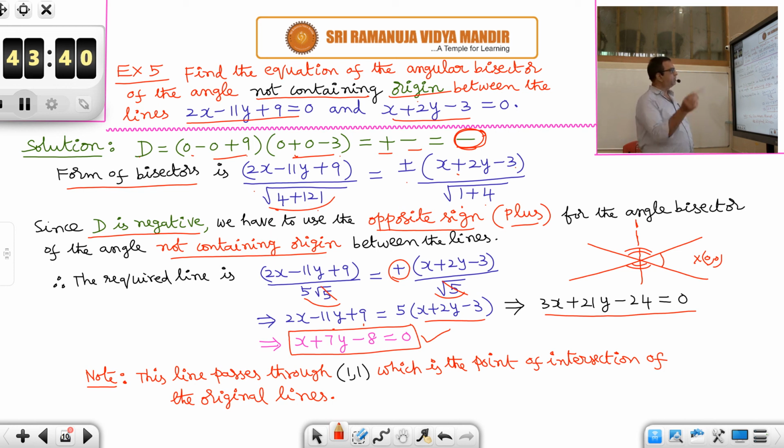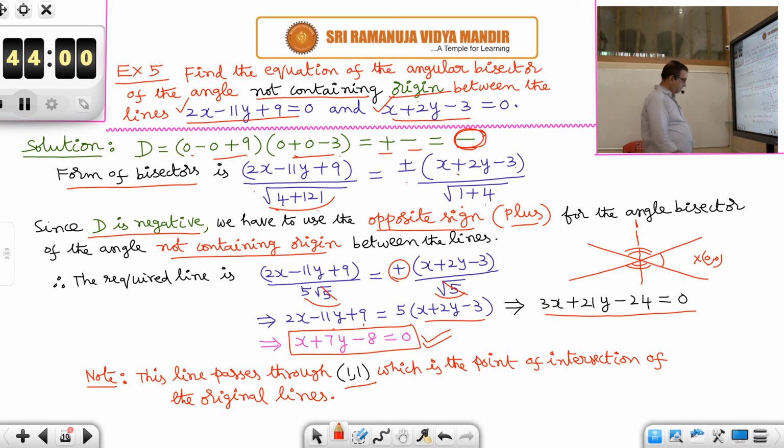We have used the opposite sign of D. As usual, I have kept (1, 1) as the point of intersection of the original lines. You can see (1, 1) is satisfying the original lines. Therefore the angular bisector also must pass through (1, 1).